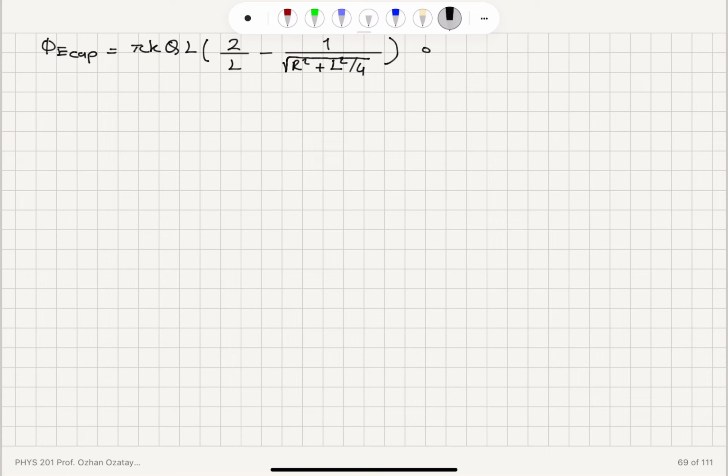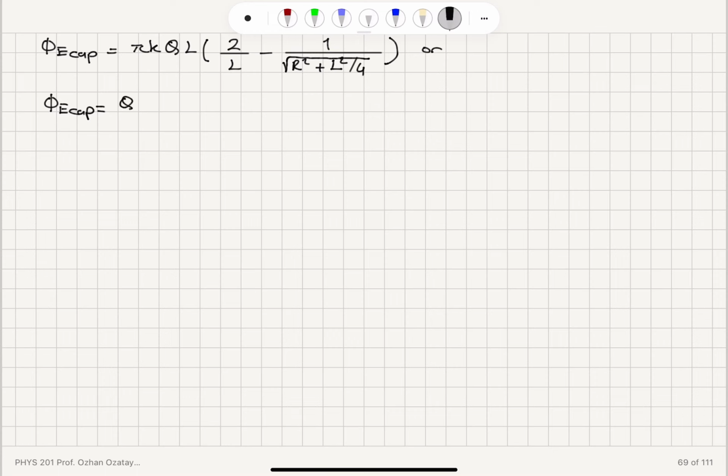Or I can rewrite this result as the flux through this cap is, if I multiply top and bottom with 4 epsilon 0, then because I have k equal to 1 over 4 pi epsilon 0 here, the pi's cancel.